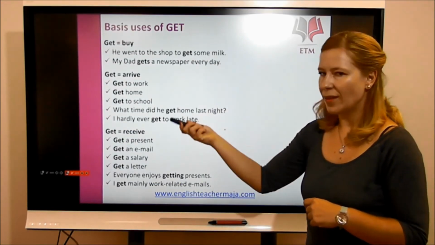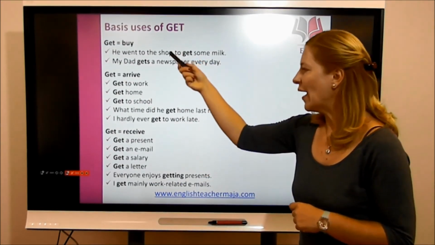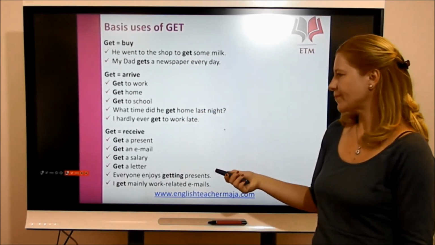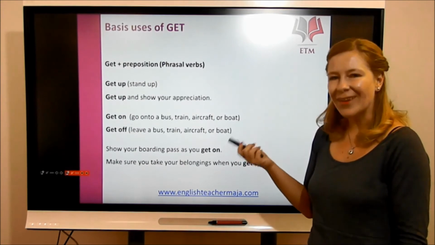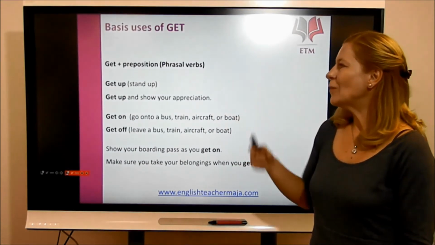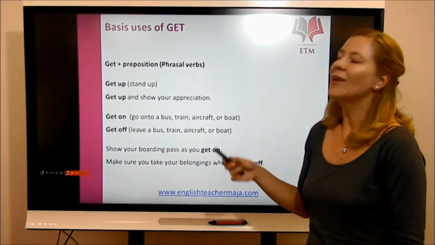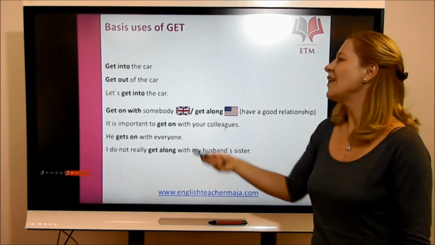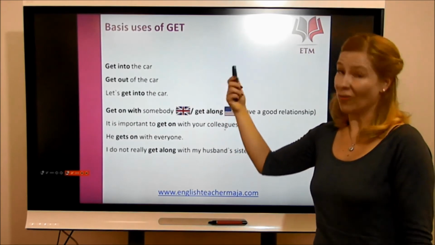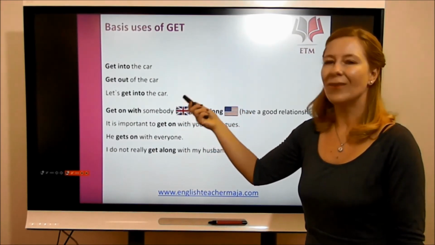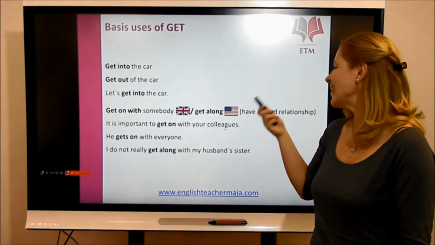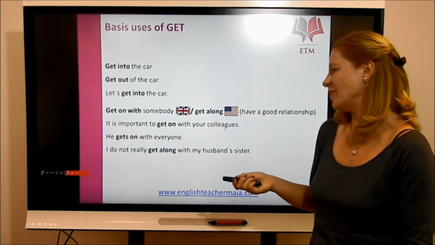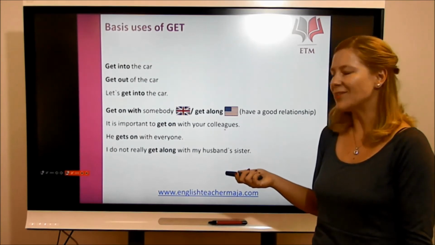You know that get has different meanings: buy, arrive, and receive. And today you've learned a couple of very common phrasal verbs with get. For example, get up, get on, get off, get into, get out of the car, for example, and get on with someone and get along, which means to have a good relationship. Fantastic. So we've covered a lot of things today.